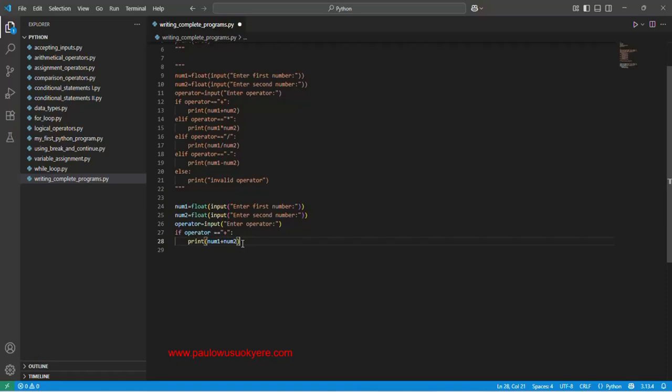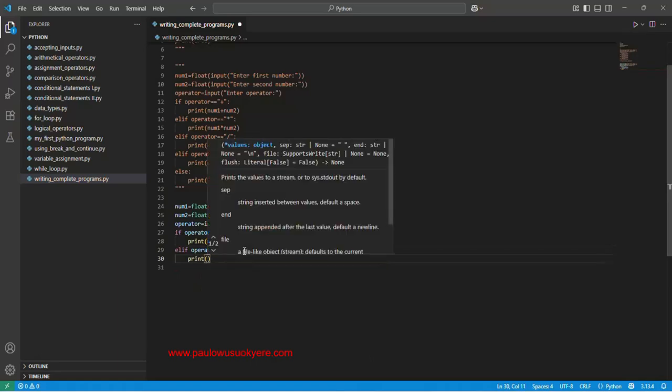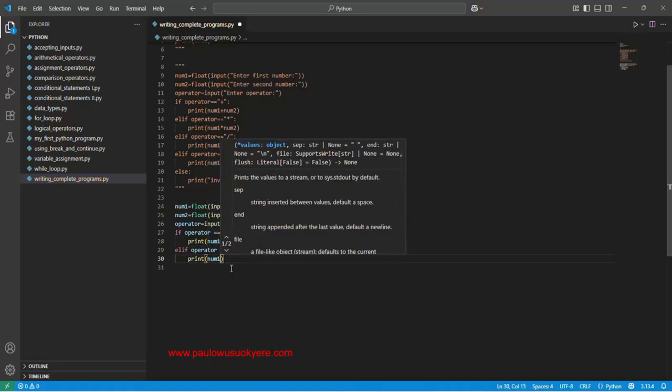Okay, you press enter, you press the backspace, and then elif, which is else if operator is multiplication, colon, then print num1 multiplying num2.